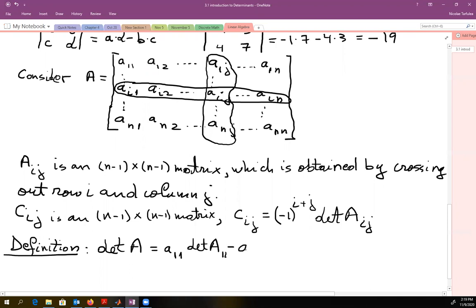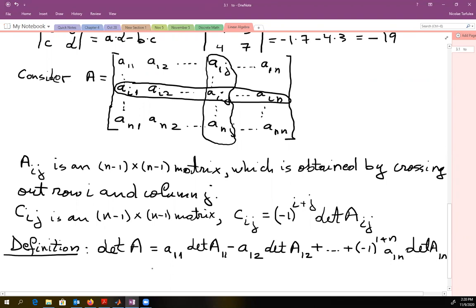Minus the second element on the first row, A12, times the determinant of A12, and so on, right? Plus, the signs are alternating, as you can see, up to A1n times the determinant of A1n.